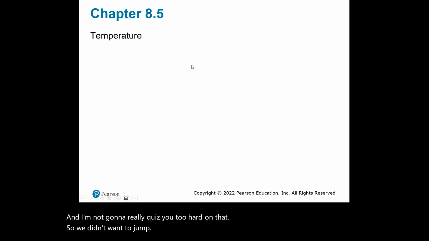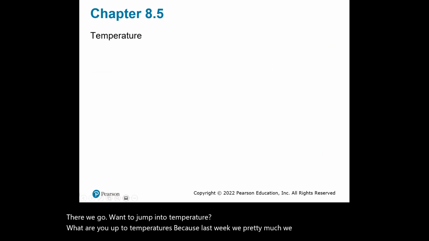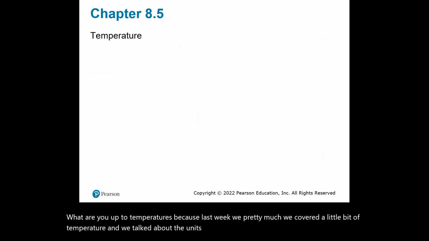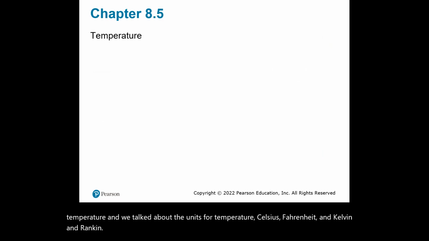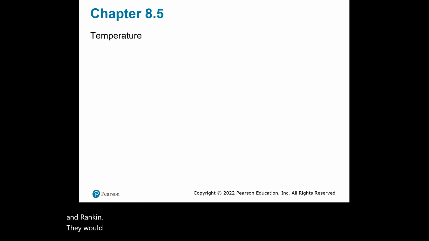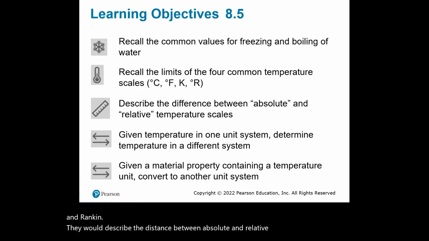I'm going to jump into temperature, because last week we covered a little bit of temperature, and we talked about the units for temperature: Celsius, Fahrenheit, Kelvin, and Rankine. Describe the difference between absolute and relative temperature scales.